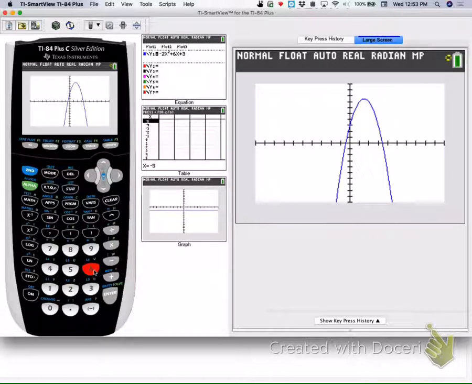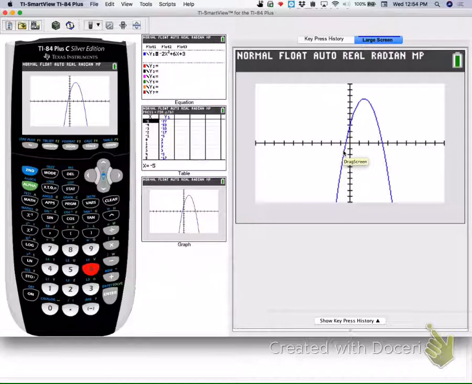Just a couple things to point out. Sorry, it won't let me draw anything. Up here at the top, that's my vertex, so that's my maximum height. And then here is where it's going to hit the water. It also hits the water over here, but that's going backwards in time.